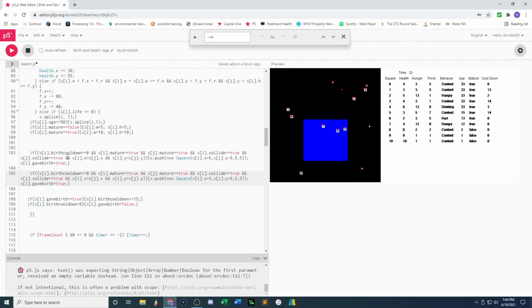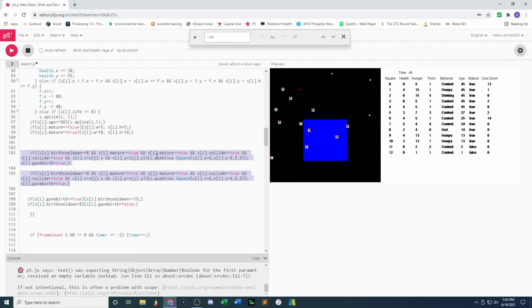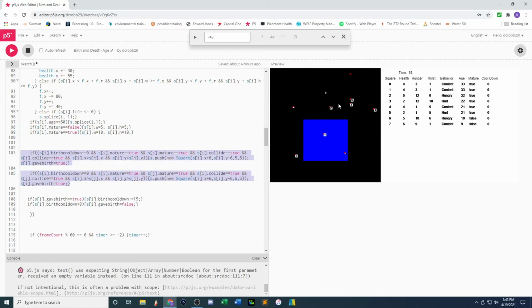It's because there would be 4 of these instead of 2 if I wanted both squares to have a baby. So basically I only defined squares to have babies in certain parameters so that they didn't have a million babies. Hey, there we go.